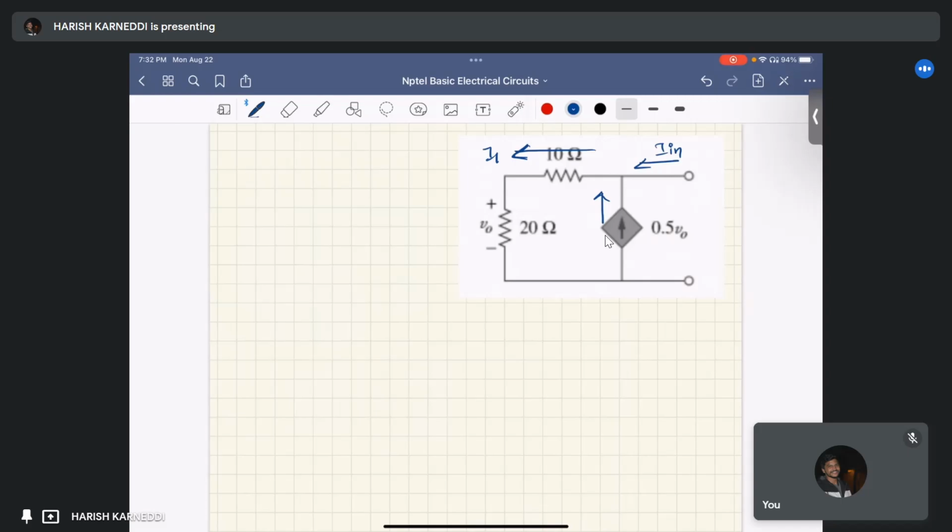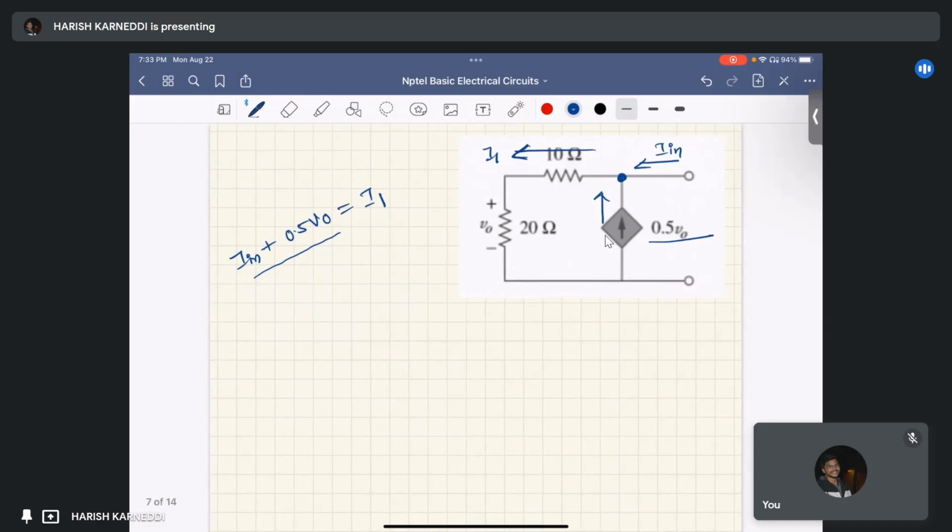What is the KCL at this node? I in plus 0.5 V0 equals I1. Those are the incoming currents at this node, and I1 is the outgoing current.